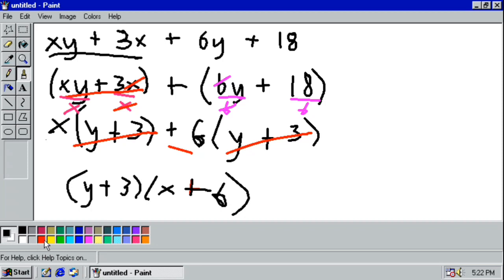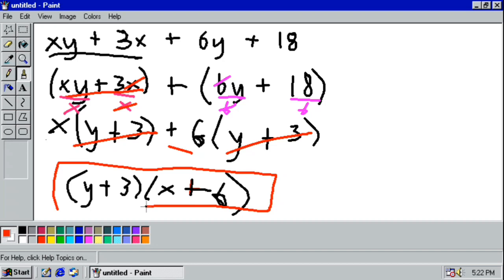So these are the factors of this expression.